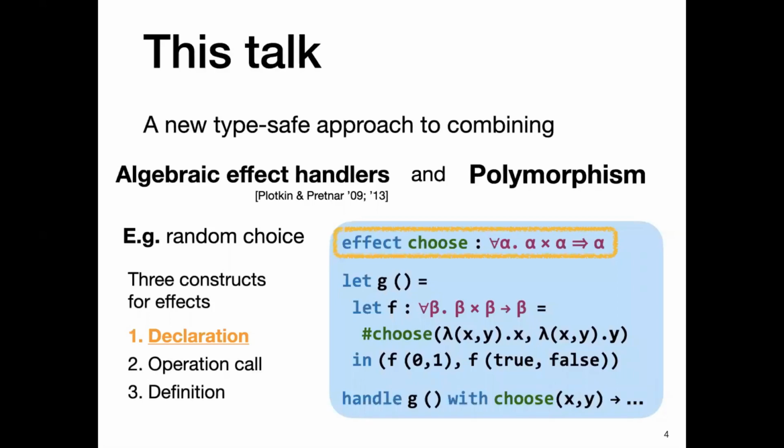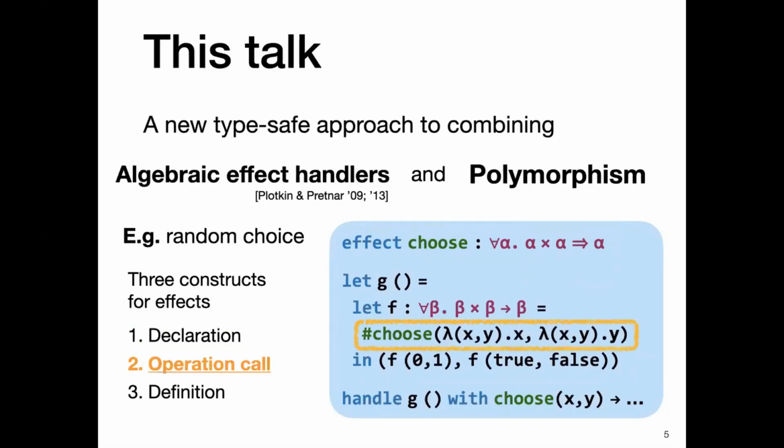Here, the operation choose is declared with this polymorphic type. This type means that the choose operation takes two arguments and returns either of them. Here, polymorphism allows the type of choose to abstract over the type of argument.